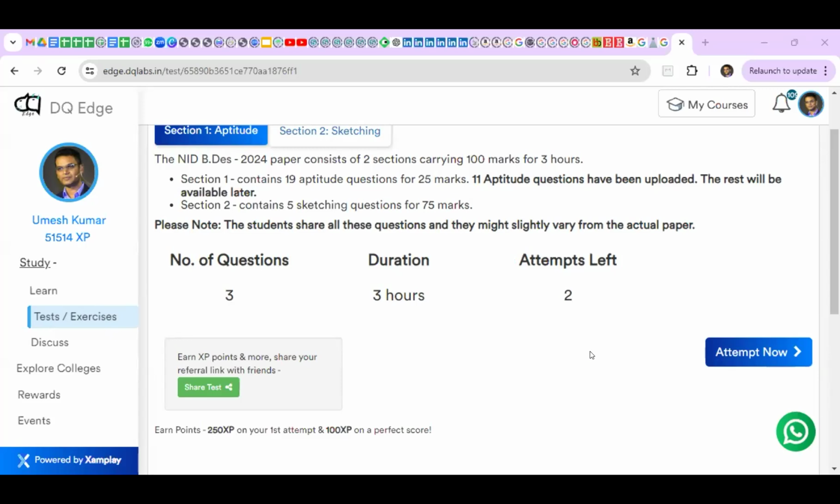This information is crucial because the UCEED exam has negative marking. So when you need to make a choice, should I randomly guess it or leave it? Or say you're opting for elimination and you have reached a 50-50 chance, then you should take a call. Should I guess or just leave it?